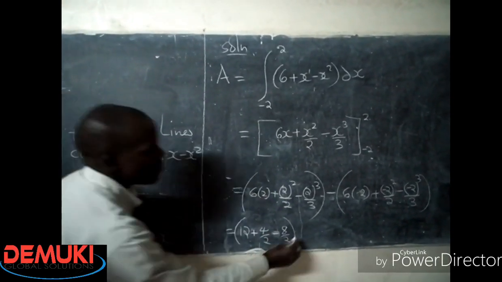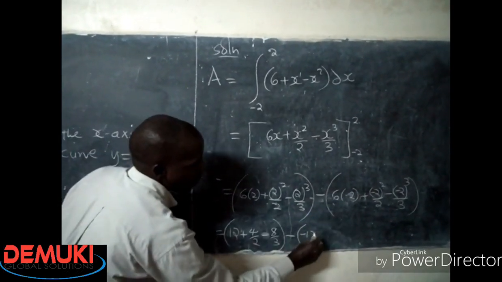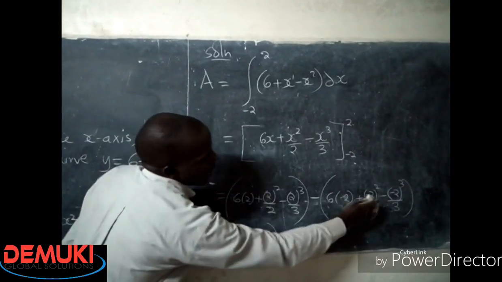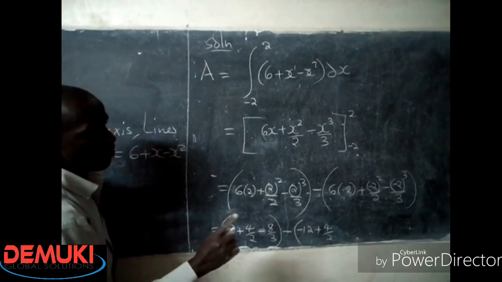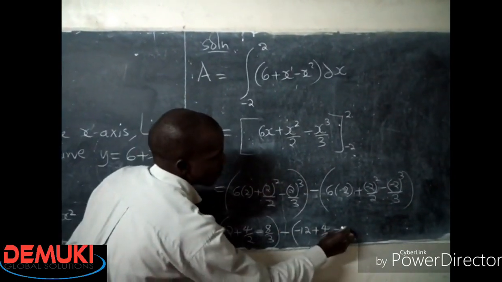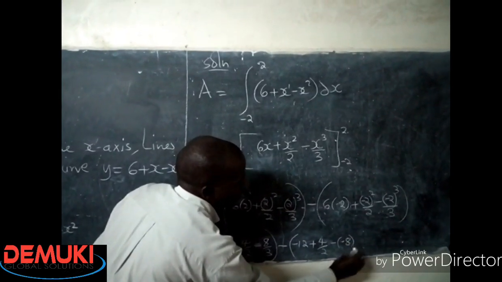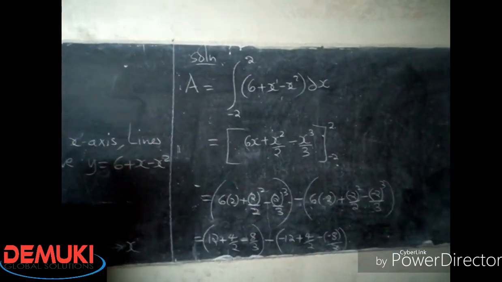Sorry, there was a mistake earlier, so this is plus 4 over 2. Then on the other side we have -12, plus (-2) squared, which is 4 over 2, minus (-2) cubed, which is -8 over 3.